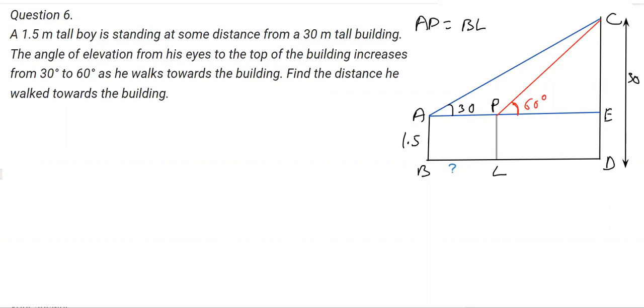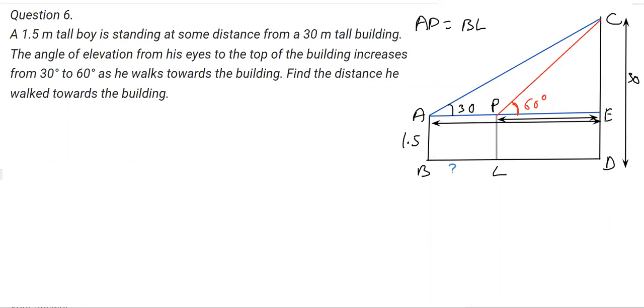Overall, we take the bigger triangle ACE and first get the length of AE using tan 30. Later, taking the other triangle, BPE, we'll get the length of PE. And by subtracting, we can get the length of AP, which is the same as BL.